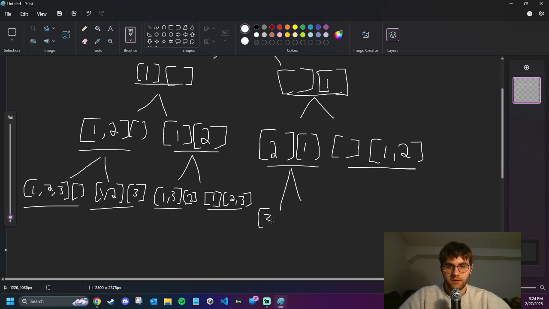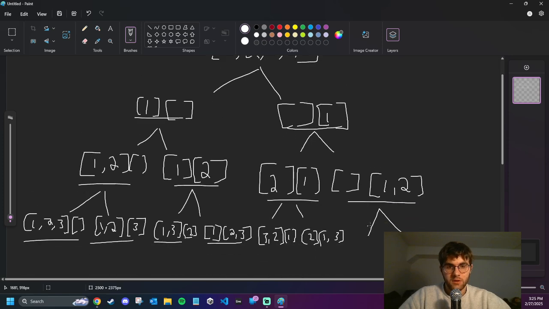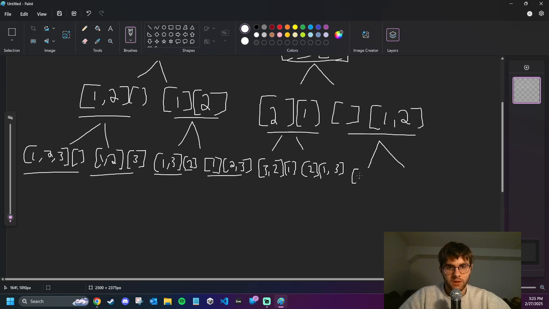Same thing, so it's getting a little tight. So we can have 3, 2, 1, or we can have 2, and then 1, 3. And then here there's 2 more. So we would have 3 here with 1, 2, or we could have empty and 1, 2, 3, and so forth, right?